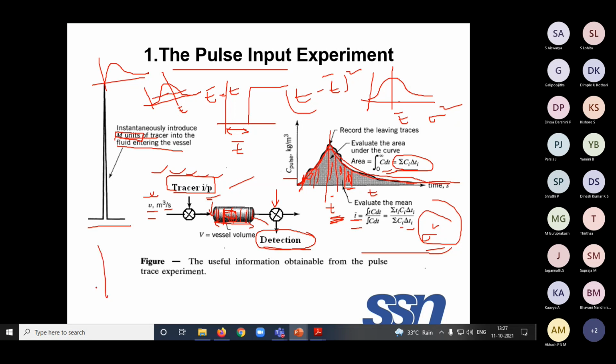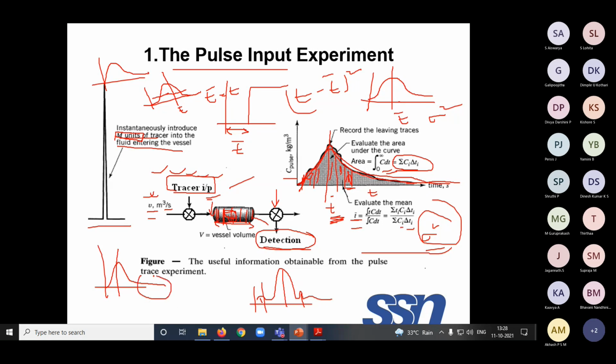But generally, when you do that, you get a curve like this. The bell may be extending, or sometimes you get curves like this also. Some different peaks you get. That means that there is some short circuiting. That is, more amount of the fluid is coming out early.